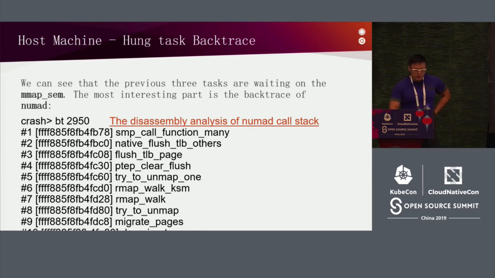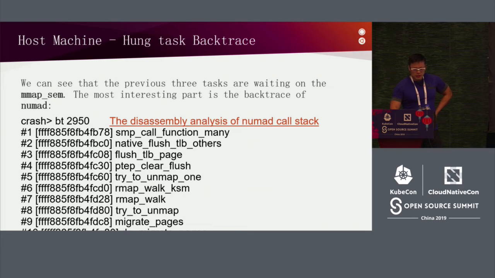It's NUMAD. So what's it for? It's the automatic balancing of NUMA. We want to check if it's a remote access. If it is, then we will move the page to the local node to reduce the memory latency.